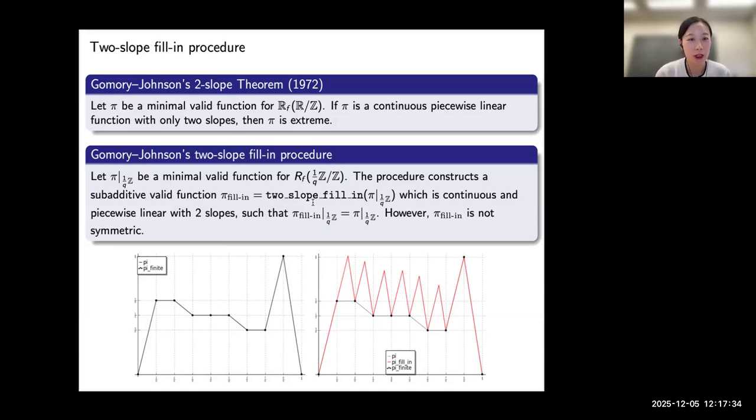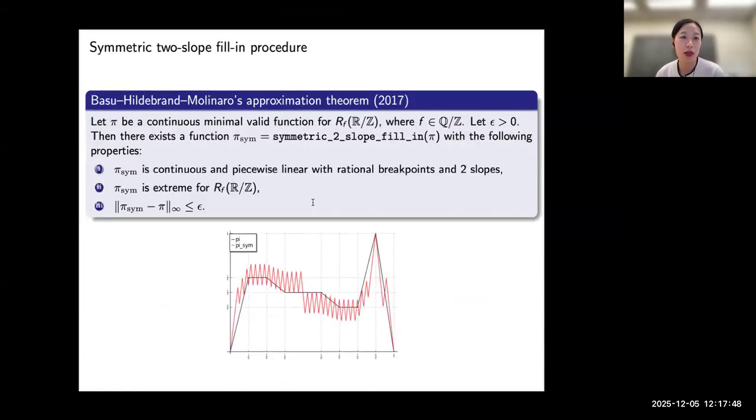However, the new function through the two-slope lifting is not extreme, so it does not play the role of our theorem. Yet we also know an approximation theorem.